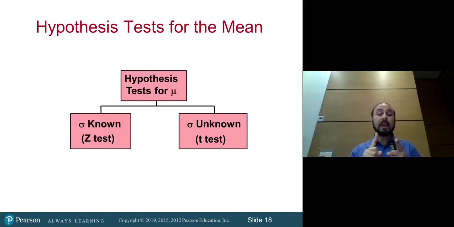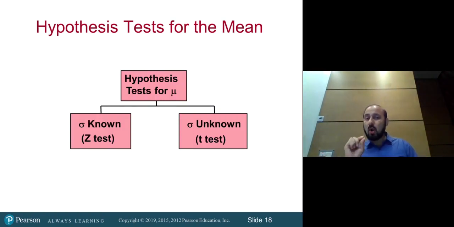In order to test mu, we have two conditions. One is when sigma is known. What is sigma? Standard deviation. And the other condition is when sigma is unknown. Why do we need sigma? Because we need to see the deviation from the mean and the critical value that helps us decide whether our hypothesis is true or not.